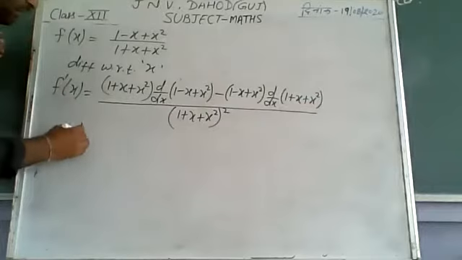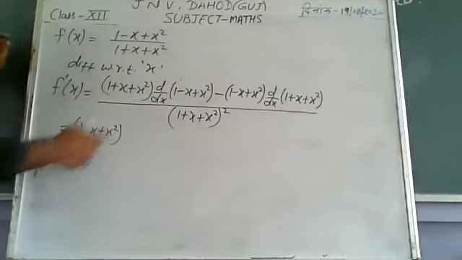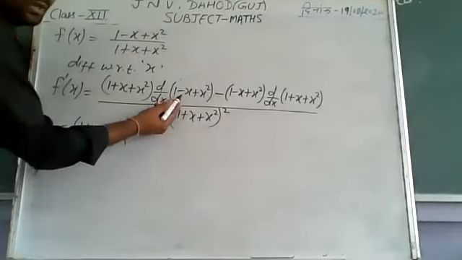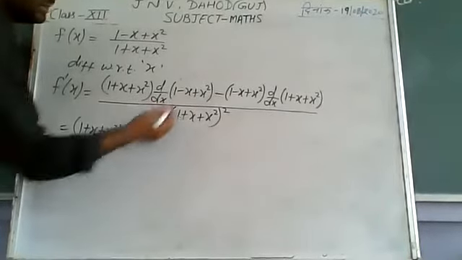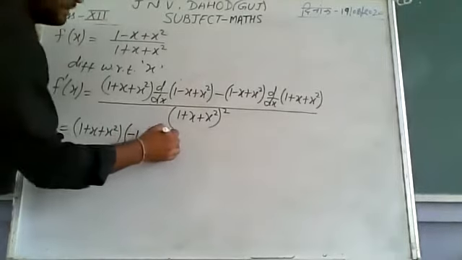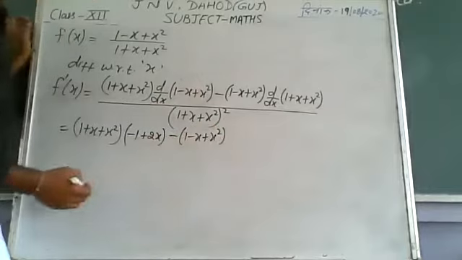So we find 1 plus x square is the same, derivative of 1 minus x plus x square: derivative of 1 is 0, minus x का derivative 1 और x square its derivative is 2x, minus (1 minus x plus x square).